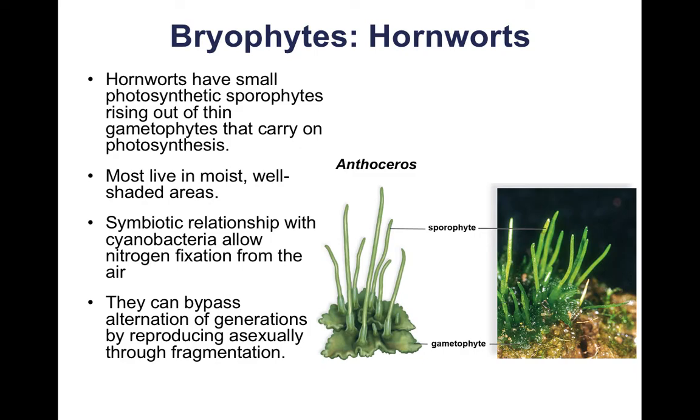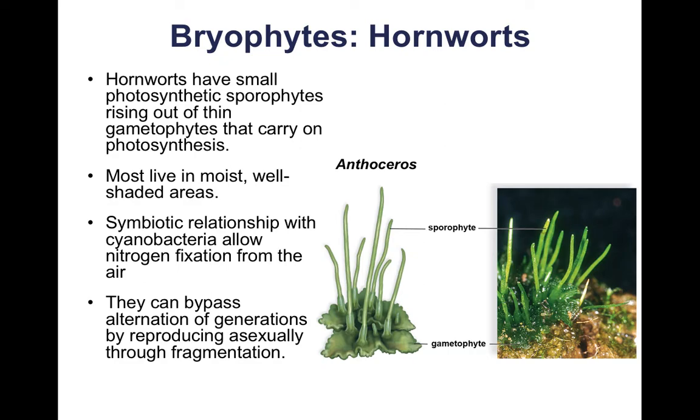They also have a symbiotic relationship, a positive relationship or a mutualism, with a bacteria that can actually fix nitrogen from the air. The plant provides the bacteria with a source of sugar, and the cyanobacteria provides the plant with nitrogen.